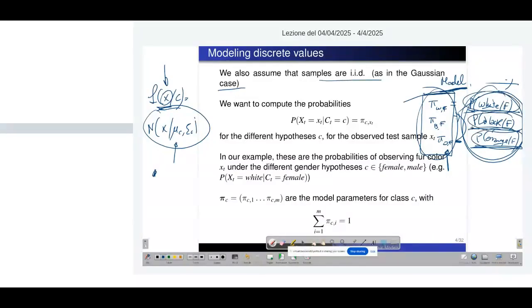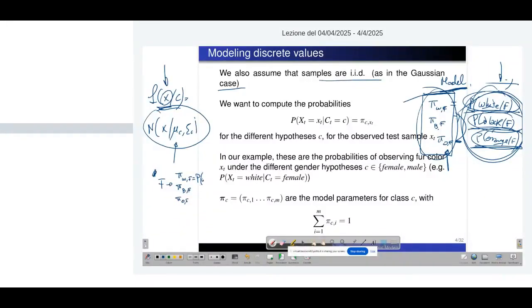Of course, this is for one class, the female class. If I have two classes, as in the Gaussian case, I need to define a model for the class conditional probability for each class. So for the female class, I will have the three parameters: probability of white given female, probability of black given female, and probability of orange given female.